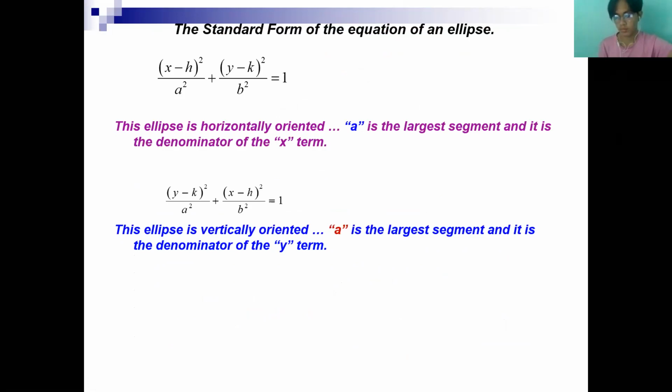Because if the center is in the origin, the formula will eliminate the h and the k. It's just x squared over a squared plus y squared over b squared equals 1. Notice, class, that a here is the denominator of x. Meaning to say, the longest length A will be plotted in the x-axis.